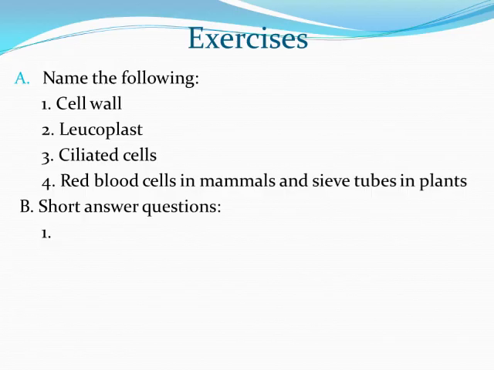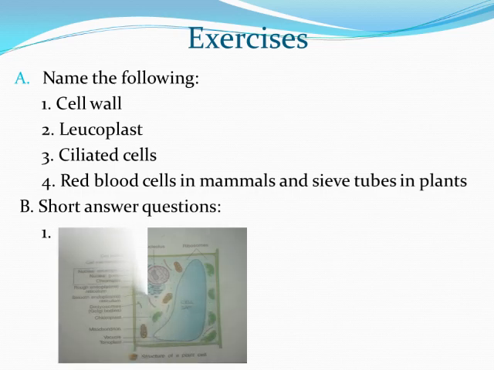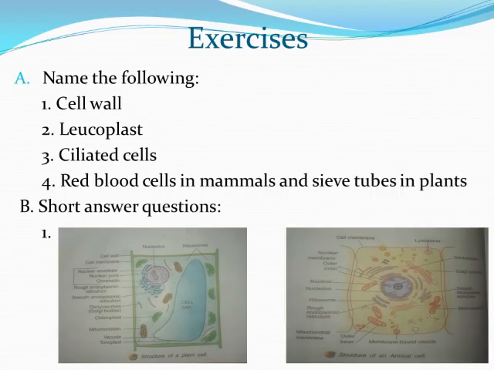So first we'll deal with the first question, that is draw a neat and well labeled diagram of plant and animal cell. Now this diagram is given in your book. I have also shown which diagram to draw. Okay. In the first question of B, that is B1, you have to draw a plant cell as well as an animal cell. That is also there in the slide. Both the diagrams are given in your book nicely.